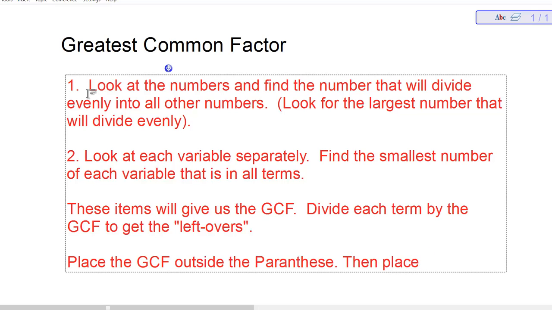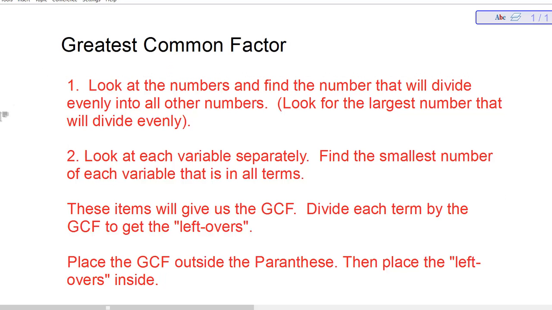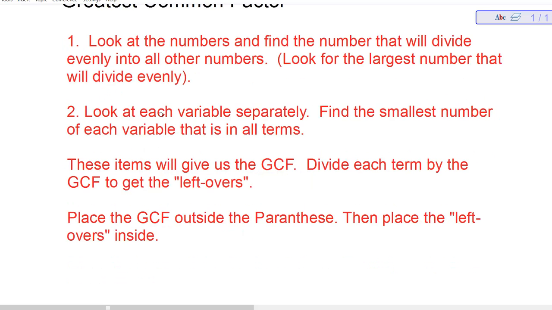Then place the leftovers inside. Okay, so these are the couple of steps that we're going to follow. So let's look at what this looks like in an actual example.